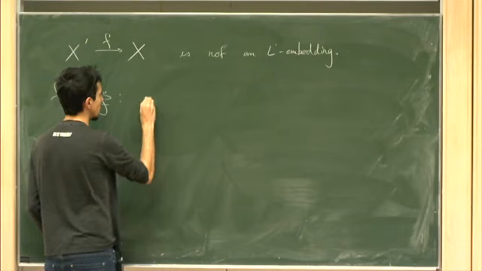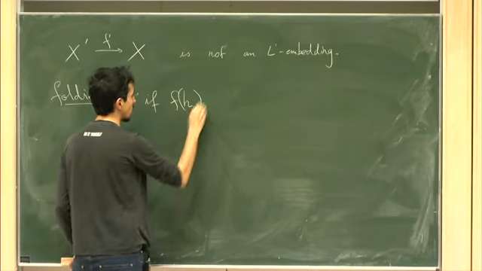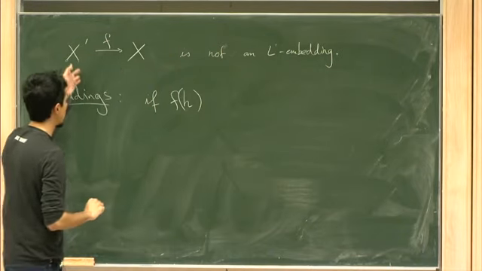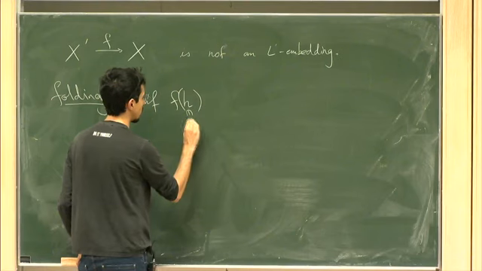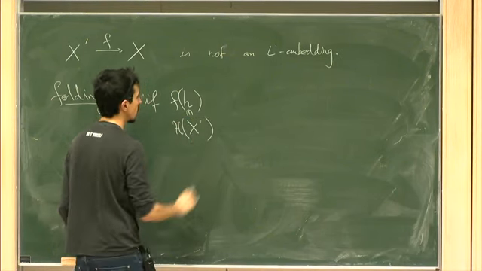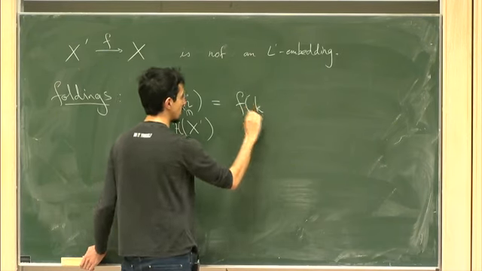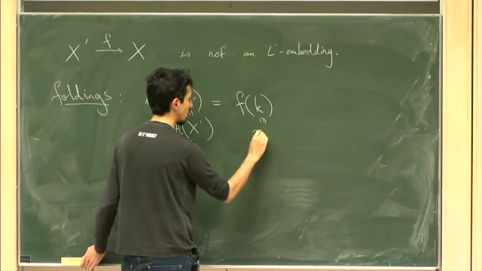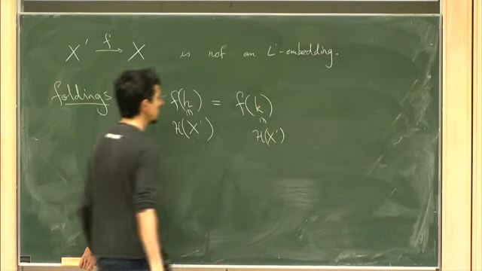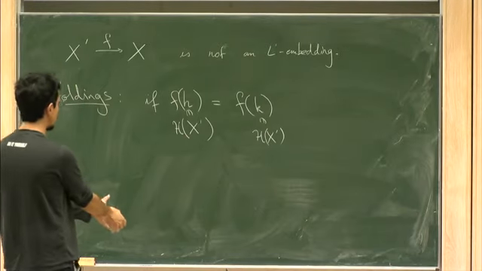If f of h, where h is a half space of x prime, and a different half space k are being identified by f, then we want to fold them together.